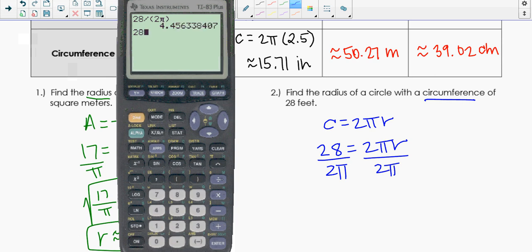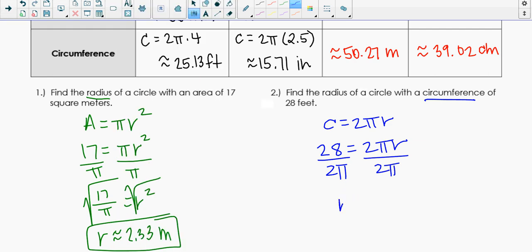Because otherwise, it's following order of operations and doing 28 divided by 2, which is 14, and then multiplying that by pi, rather than doing 28 divided by the quantity of 2 pi. So the correct answer is 4.46 there. So double and triple check that in order to make sure that you don't make that mistake.